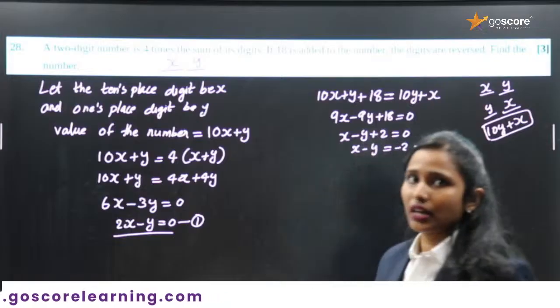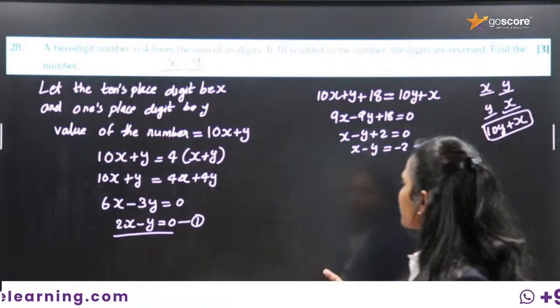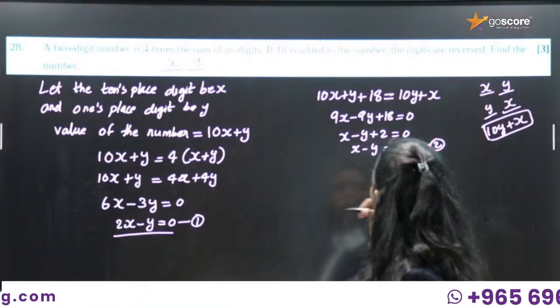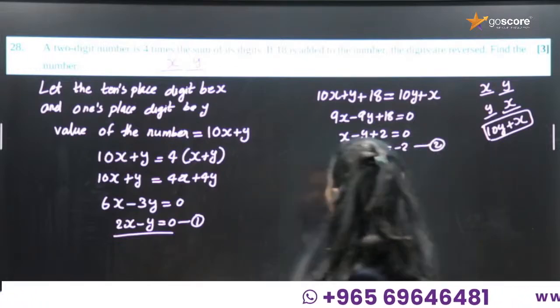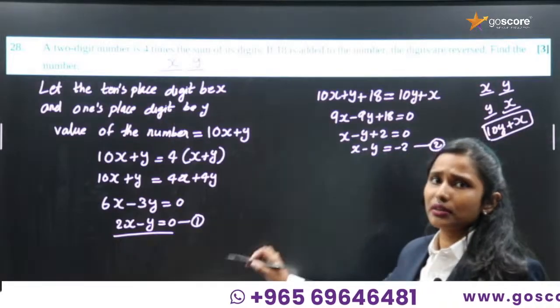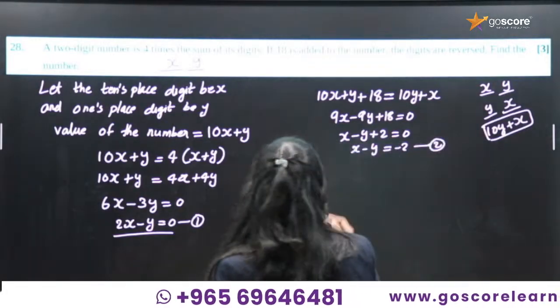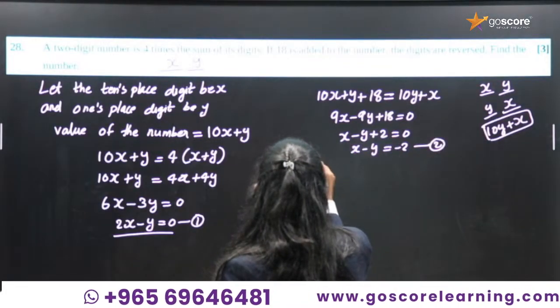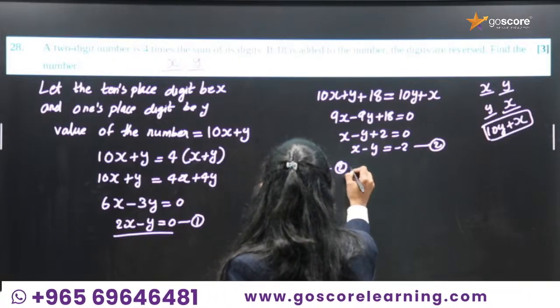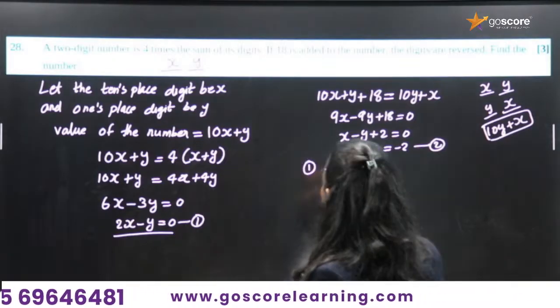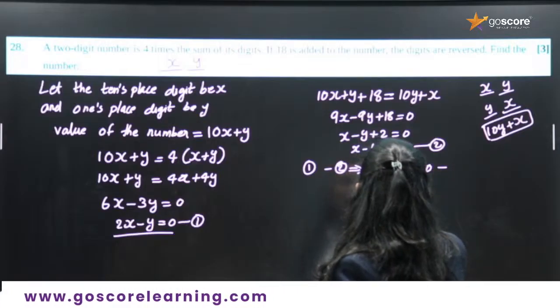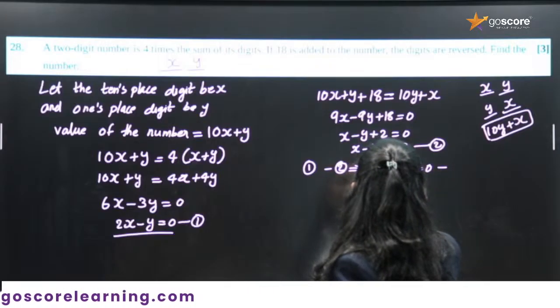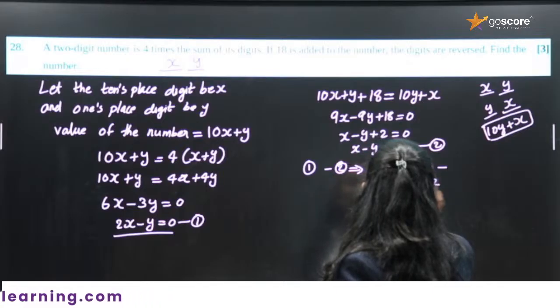Okay, now I am going to subtract them. We can subtract them because the coefficient of y is the same for both equations. So I am going to subtract equation 1 minus equation 2, that is 2x minus y equal to 0 minus x minus y equal to minus 2.